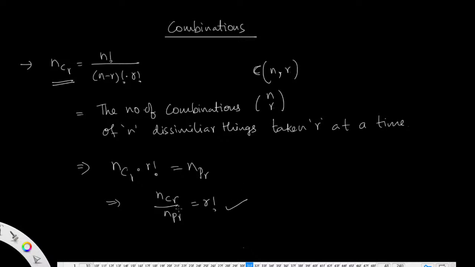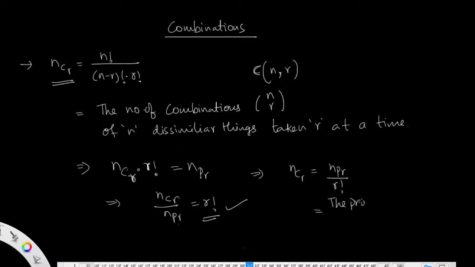The relation between combination and permutation is r factorial. First select r things out of n things, multiplied by r factorial gives the arrangement. Another form is nCr equal to nPr by r factorial.